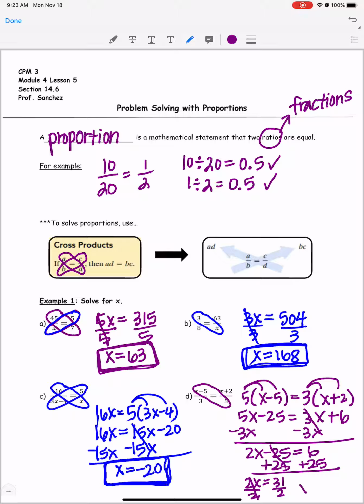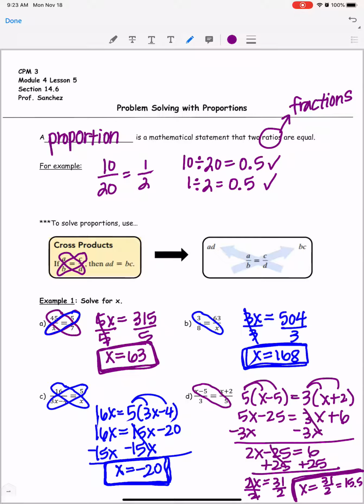Okay, so we got either x equals 31 over 2, or you can write that as a decimal, which is 15.5. Okay, so that's your review on proportions.